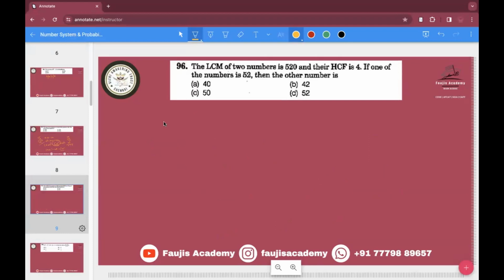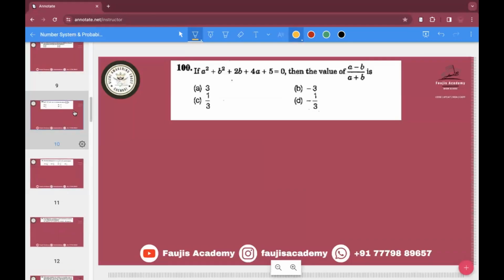Do you want me to tell this? No, I won't tell you. Yes, do this one. Take your time and do this one. I'm also doing. I will try to help you guys. The hint over here is that you have to turn it into a completely square.